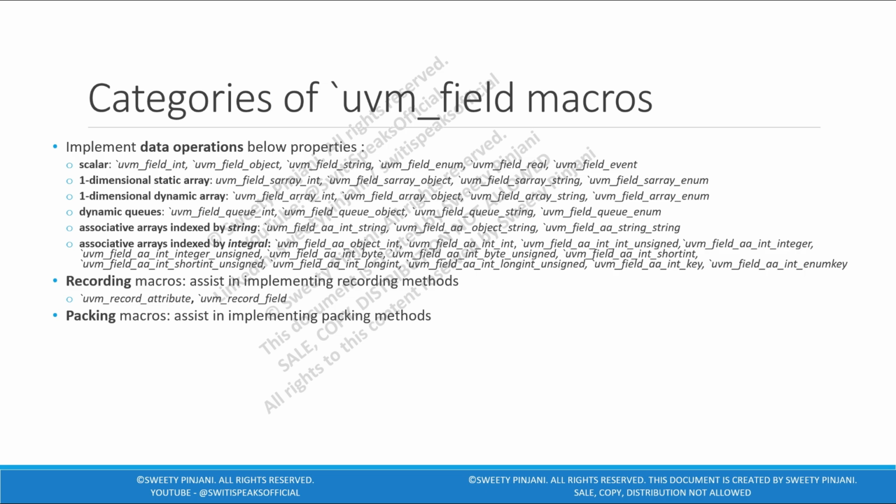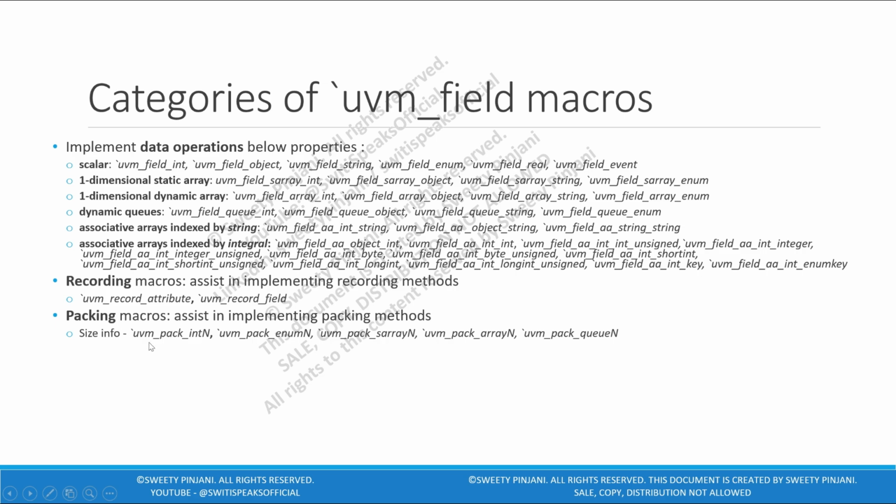Then there are certain macros which assist with packing methods. Here are some, and in this also there can be two categories: if you are specifying the size info or you are not mentioning the size info. With size info we use the suffix n.